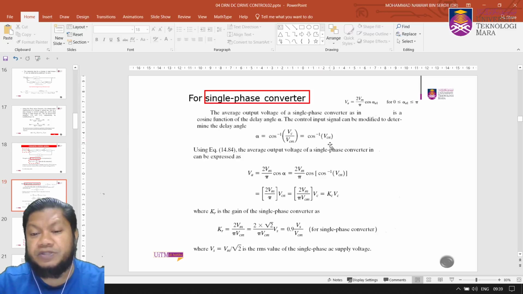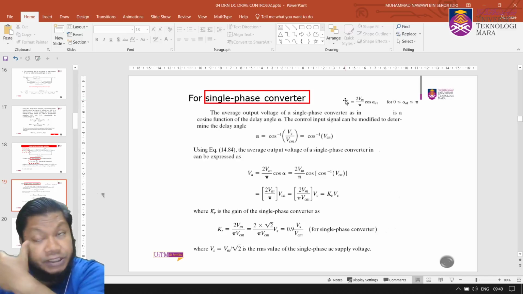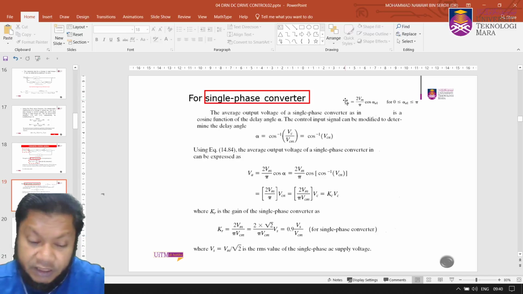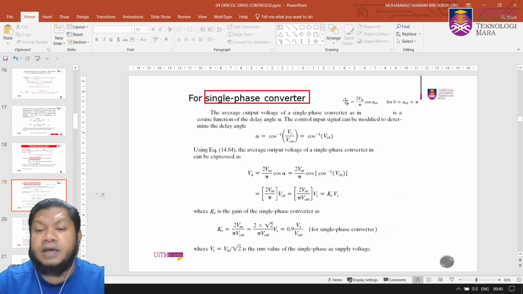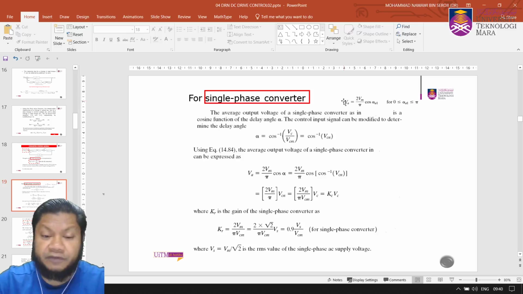So once you change VC, alpha also changes, right? When alpha is changed, the output voltage of the single phase converter also changes. That will actually affect the motor, because you change the armature voltage. Remember, we have the armature voltage before.